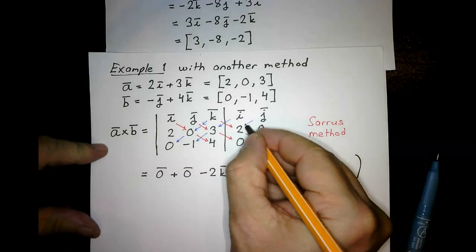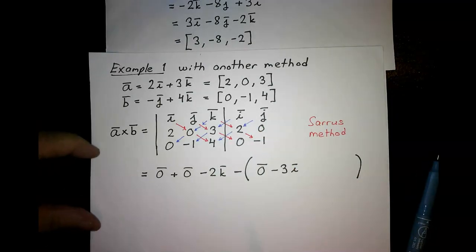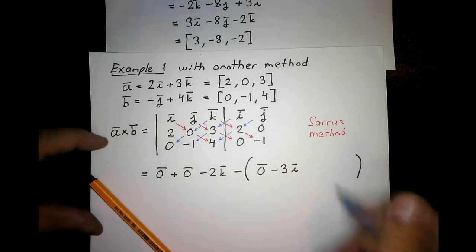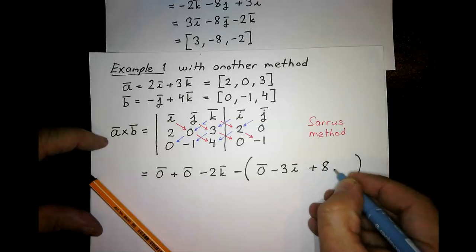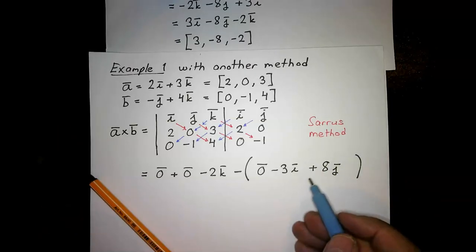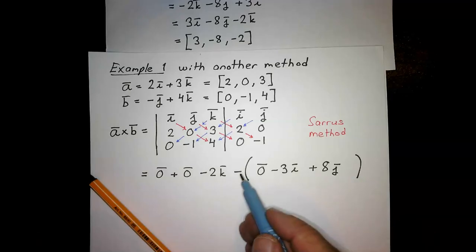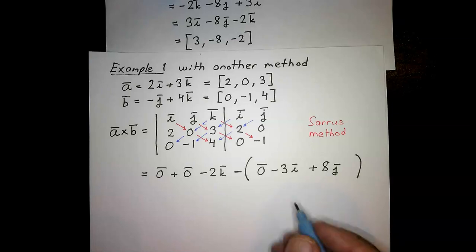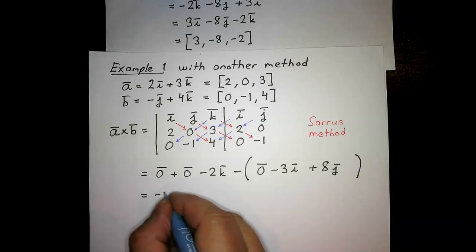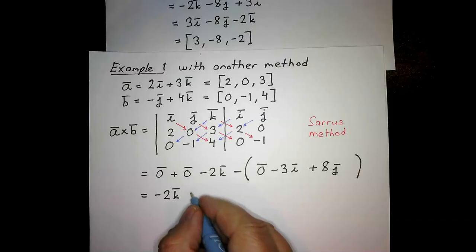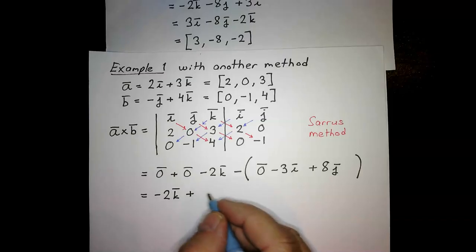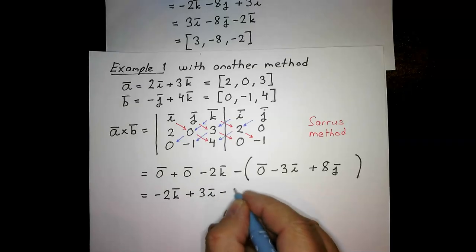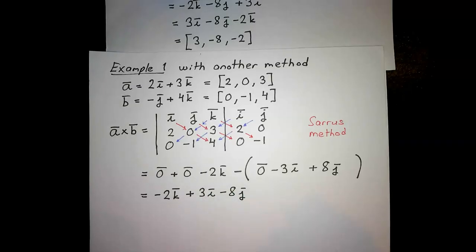And the last one will be this multiplication. There will be 8j inside of brackets, but there is a minus sign in front, so it says minus 8. So the result will be minus 2k plus 3i minus 8j.